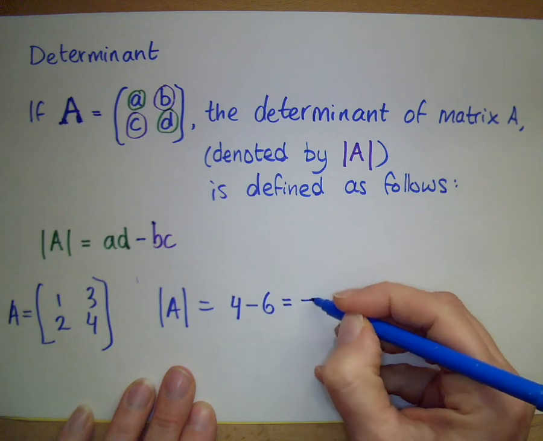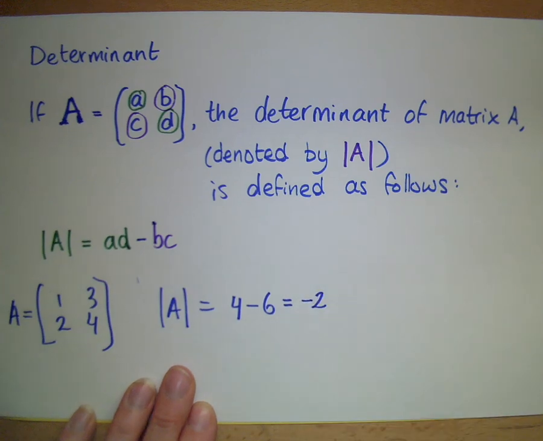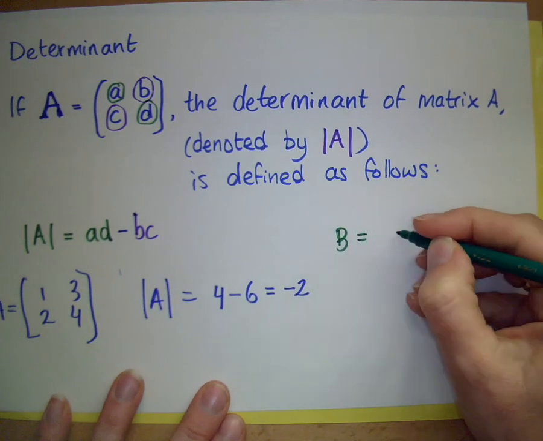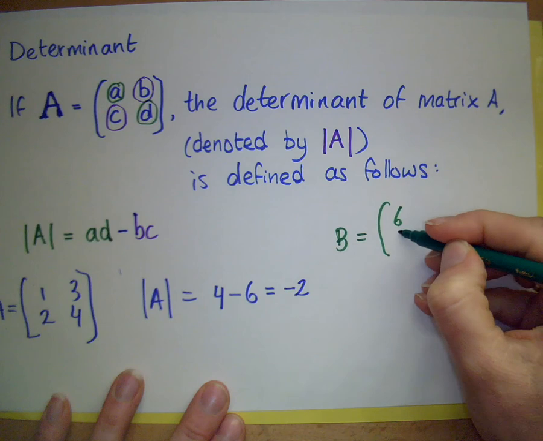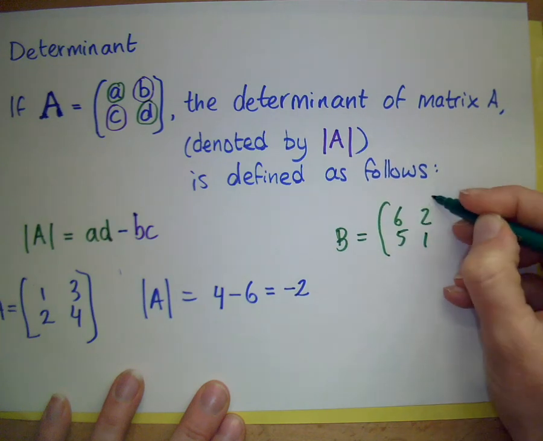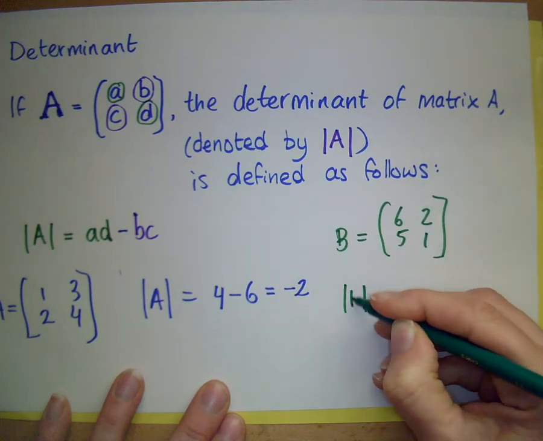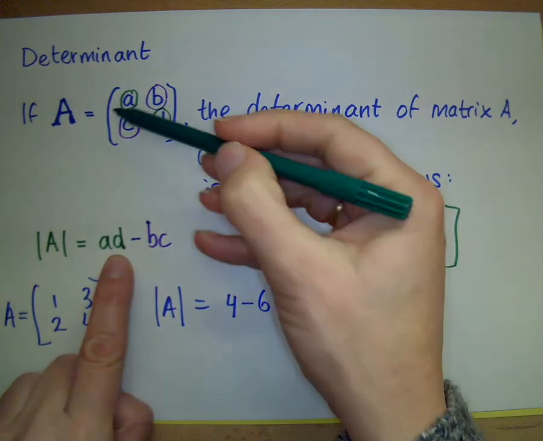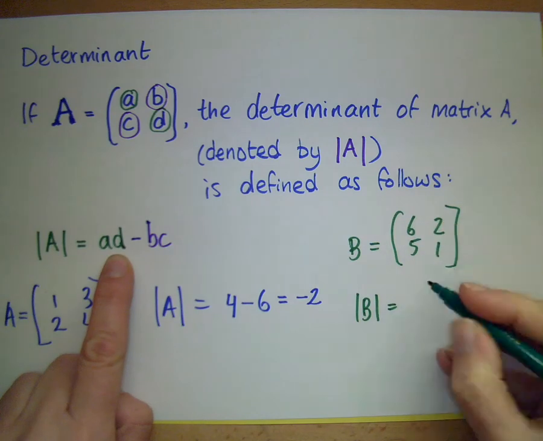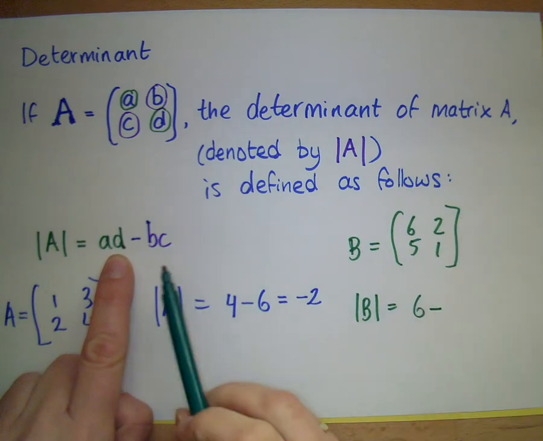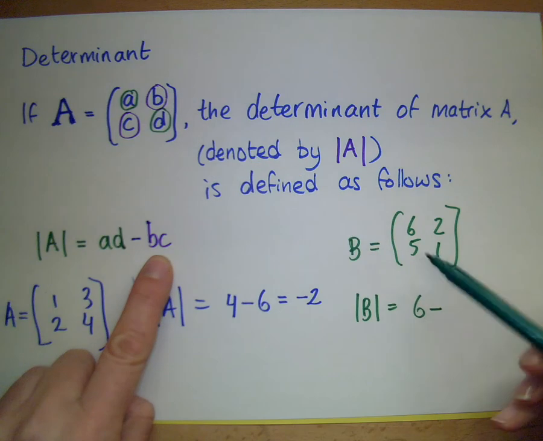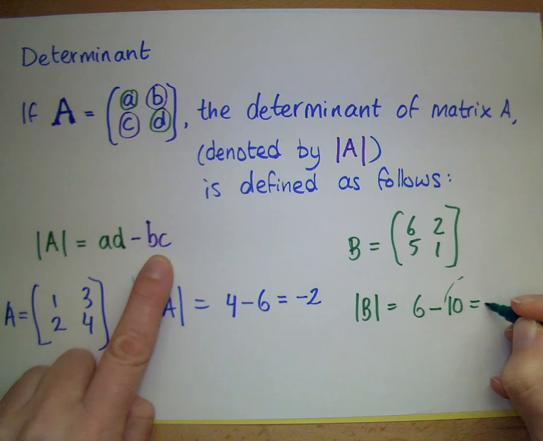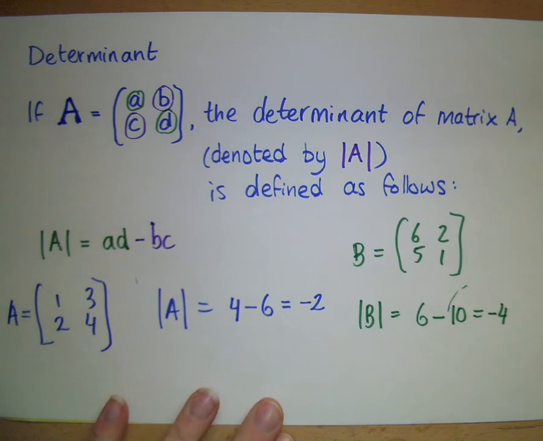And the determinant is negative 2. Yeah? I can do another one if you want. If we had matrix B and it's 6, 5, 2, 1, then the determinant of B equals A times D, which is these two multiplied. 6 times 1 is 6, minus these two multiplied, 5 times 2, so minus 10, 6 minus 10 is negative 4. That's how you find a determinant.